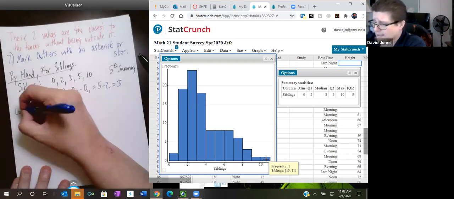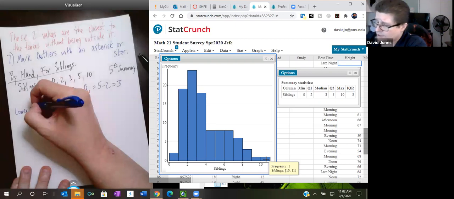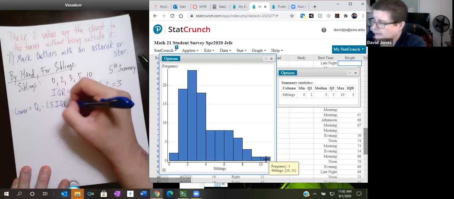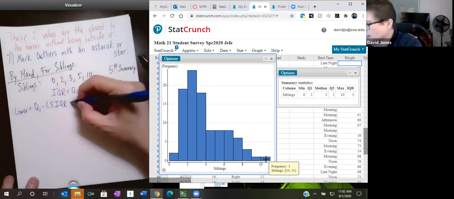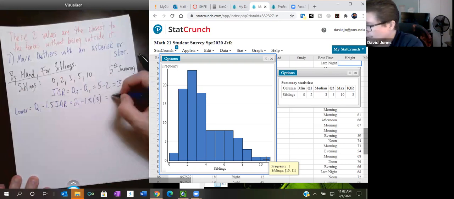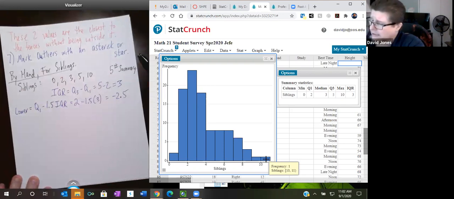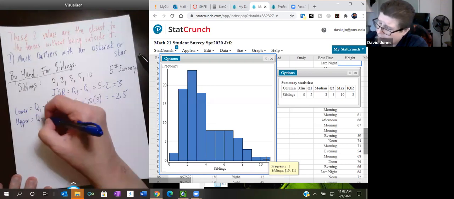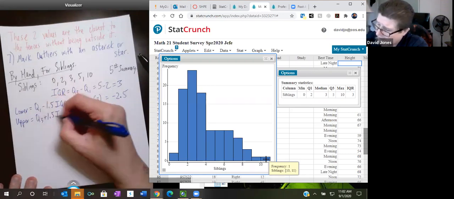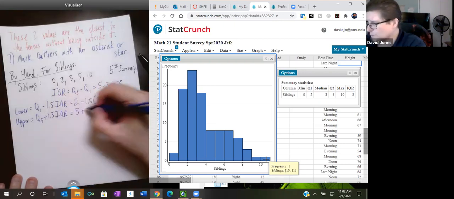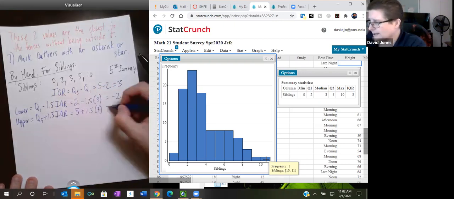Lower fence is Q1 minus 1.5 times the IQR. We already did this. It was 2 minus 1.5 times 3, ended up being negative 2.5. And the upper fence was Q3 plus 1.5 times the IQR, which was 5 plus 1.5 times 3, which was 9.5.